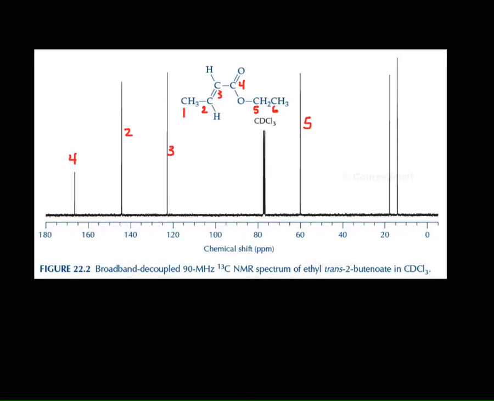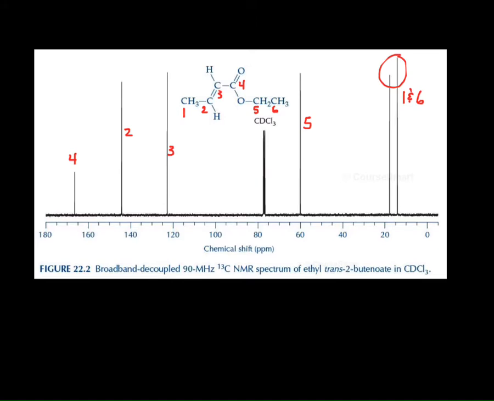And so the last signals I have are of two methyl groups, 1 and 6. Can I say which one is 1 and which one is 6? Well, probably the one that's closer to 20 parts per million is going to be carbon number 6. Why do I say that? Because that oxygen connected to carbon number 5 is also going to withdraw a little bit of electron density from carbon number 6.